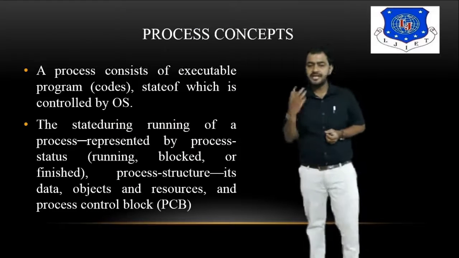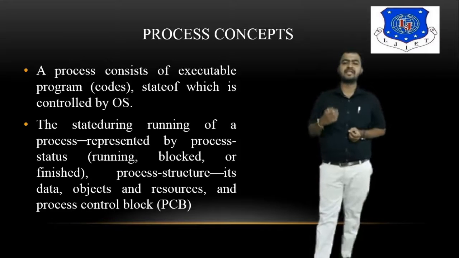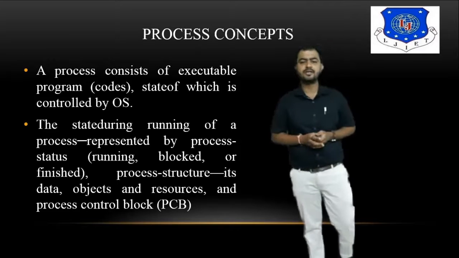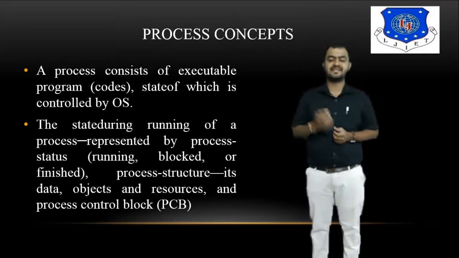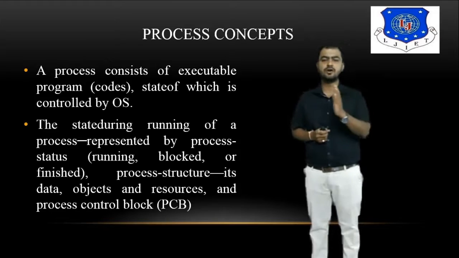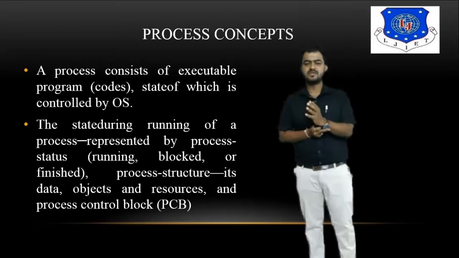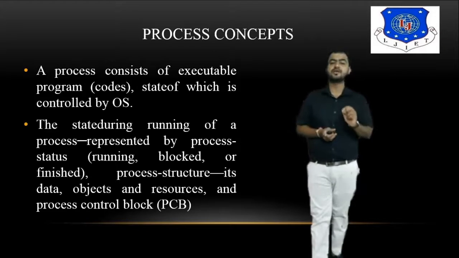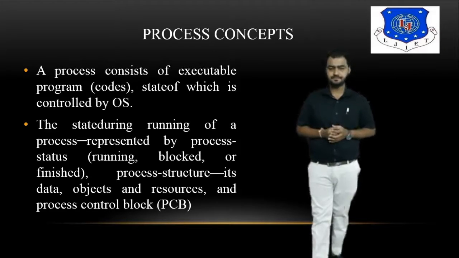Now, as I already told you, first of all, we should know the concept of a process. A process consists of executable programs, the state of which is controlled by the OS, meaning the operating system. A process consists of an executable program, meaning the code, the program, and its state is controlled by the OS.